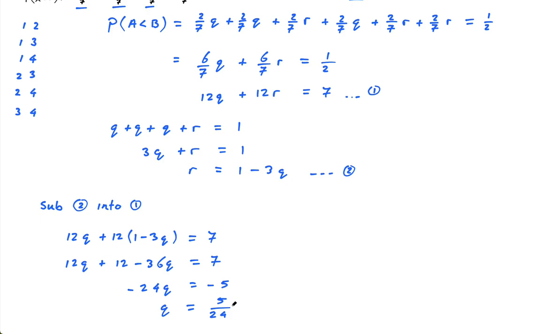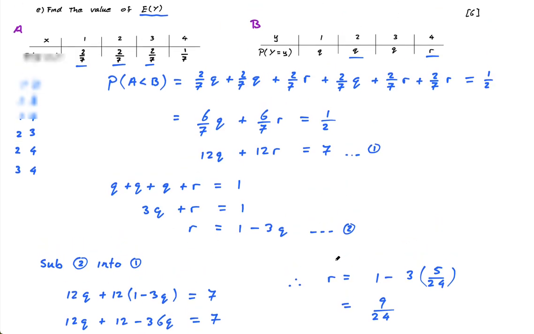Okay, if q equals 5 over 24, then r is equal to 1 minus 3 times 5 over 24, because look, it's 1 minus 3q. q is 5 over 24. That's 1 minus 15 over 24, which is 9 over 24. Okay, so now I have q and I have r.